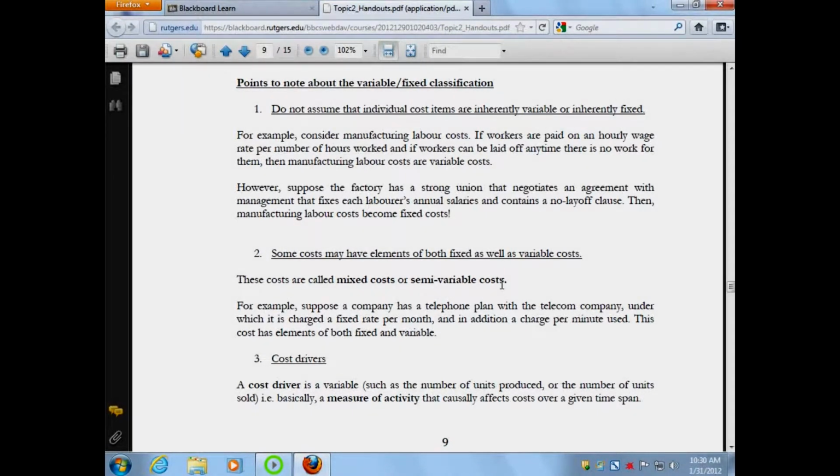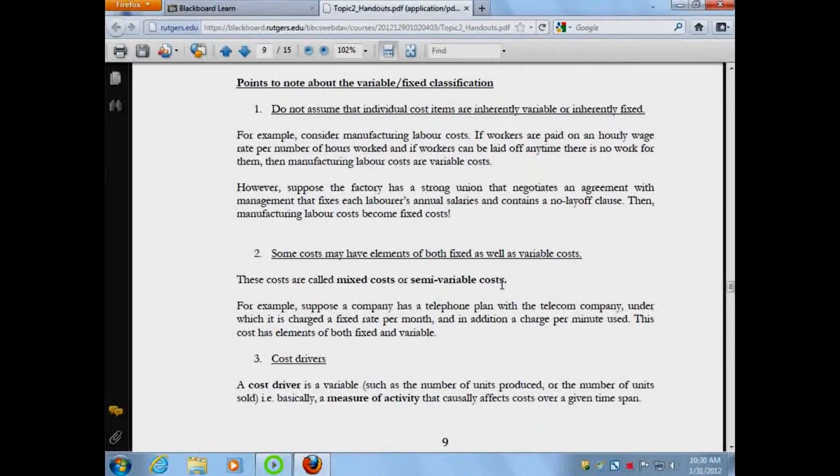So you all understand that within the range of 0 to 1,000, this is a pure fixed cost, right? Very simple, no disclaimers there. Between 1,000 to 1,500, what is it? It's variable, but it's variable at a specific rate. It's variable at the rate of $1 a minute, right?